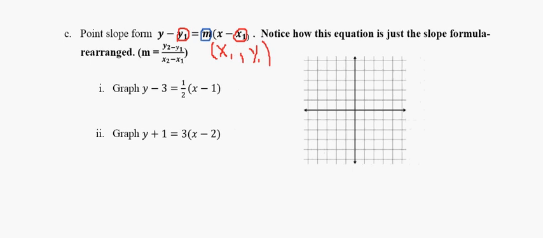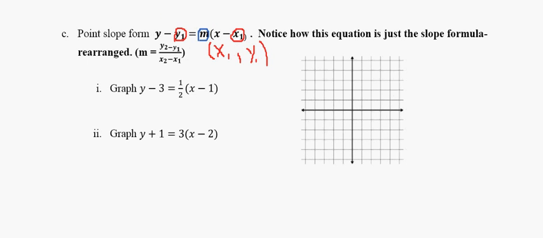But what I want you to notice is this equation is nothing more than the equation of the slope of a line. Because if you look at this equation right here of the slope of a line, if you were to take this equation and simply multiply both sides by this denominator, or put the m over 1 and cross multiply, you'd end up with the point slope form of a line.